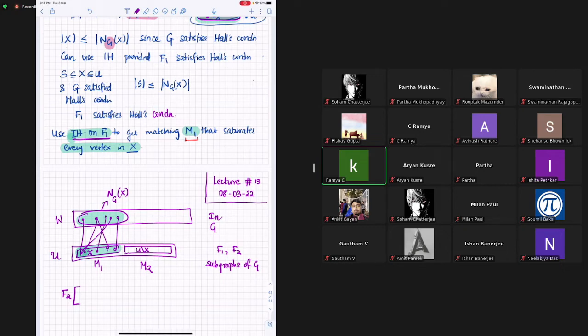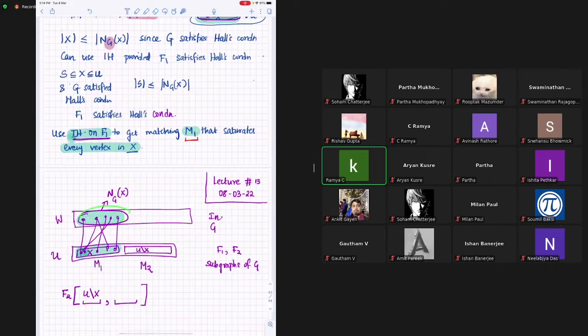Now, can you tell me what the two partitions of F2 should be? What is our goal? And from that, can you just define? So this portion is done. What is the remaining portion? U minus X. So the first partition has to be U minus X. And what should the second partition be? You must remember that to construct a matching, you should not reuse these vertices.